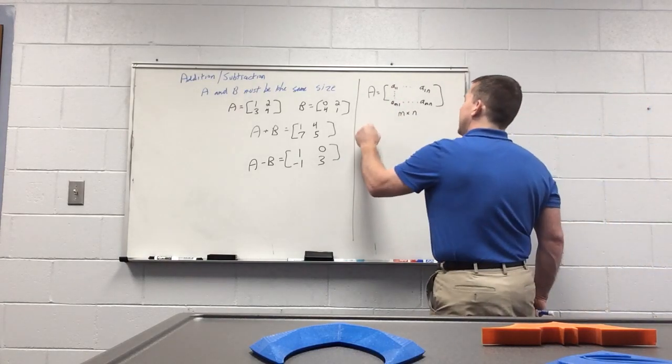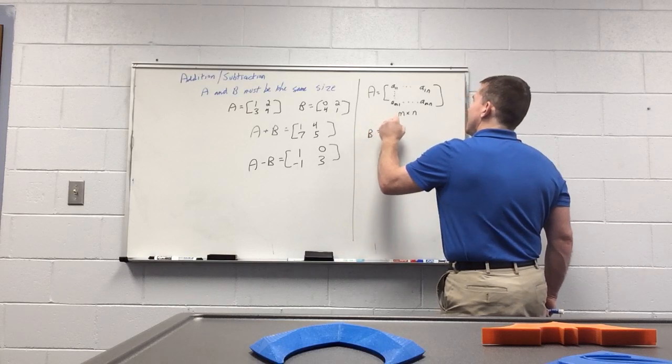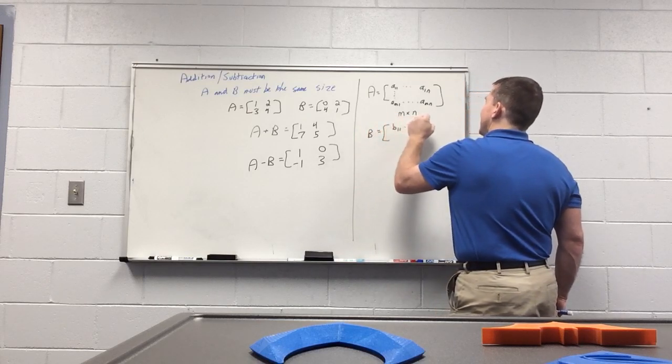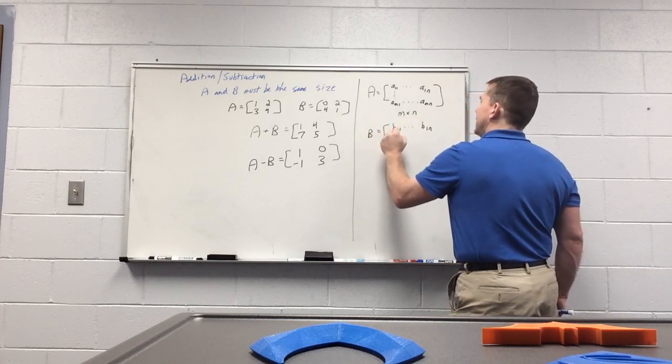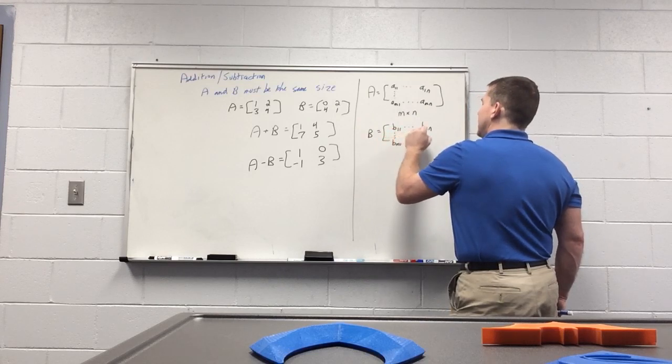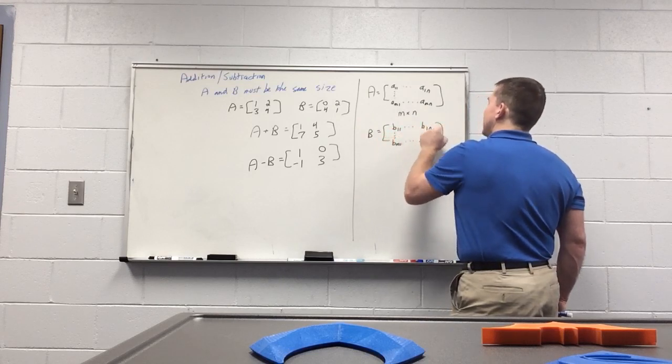Do the same thing for B. That would be B11 out to B1n, down to BM1 over to BMN.